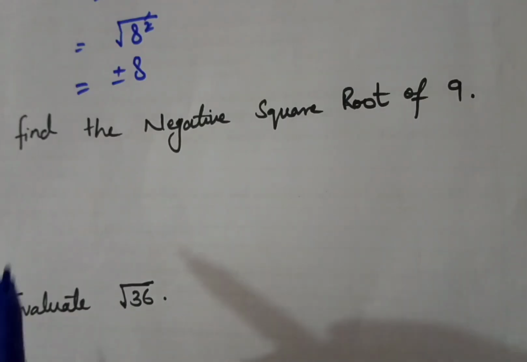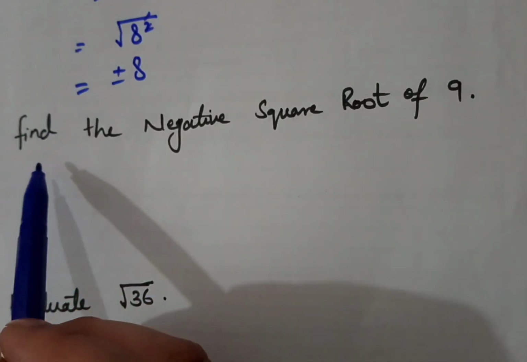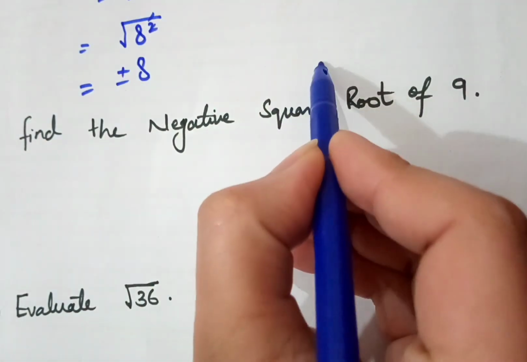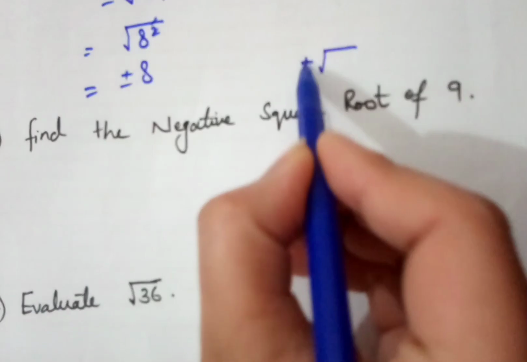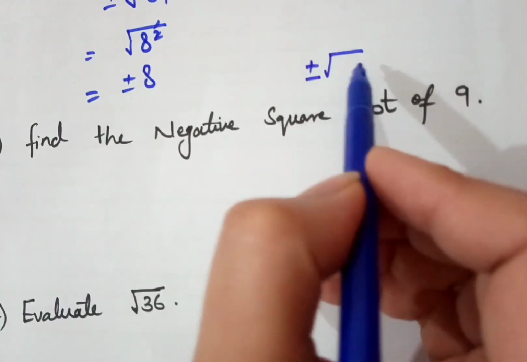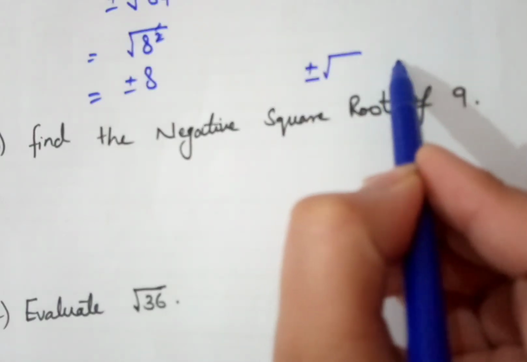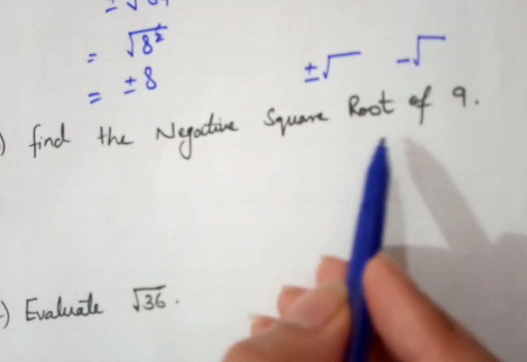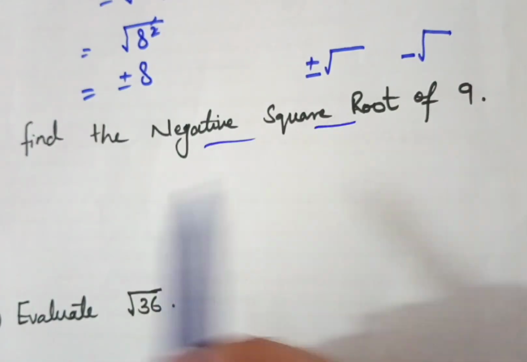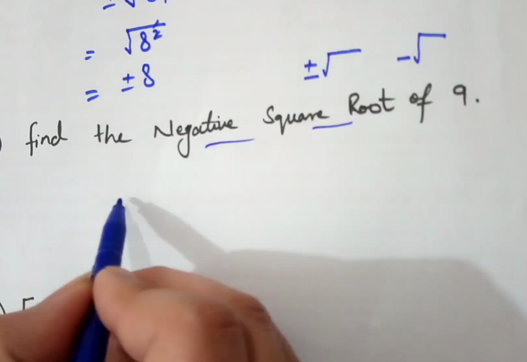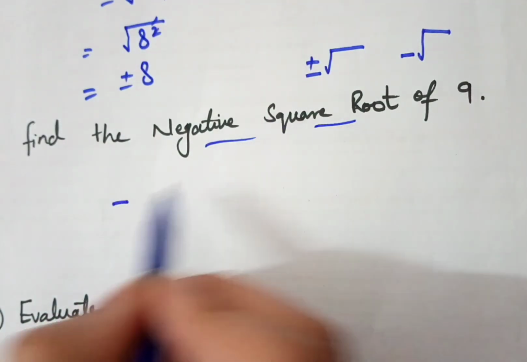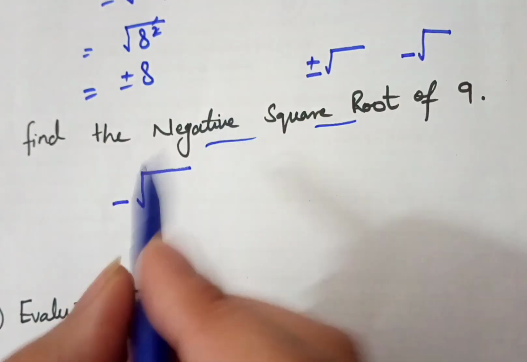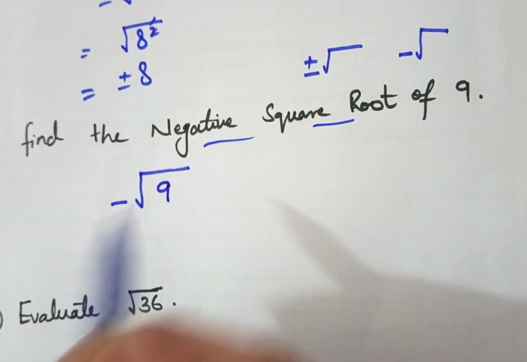Now the second part of Practice Now 3a: find the negative square root of 9. So the square root contains the symbols plus and minus. Now they are talking about the negative square root. Negative square root means the minus sign with the square root sign. So first of all, negative means minus, then place the symbol of square root, and the square root of 9, so you have to write down 9.